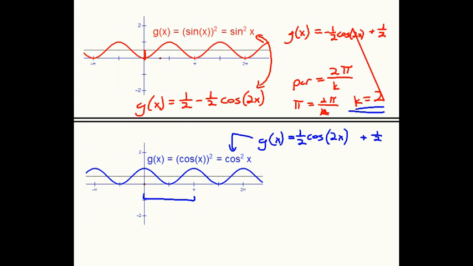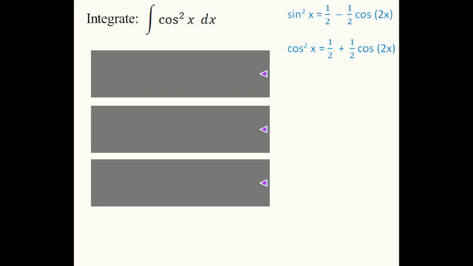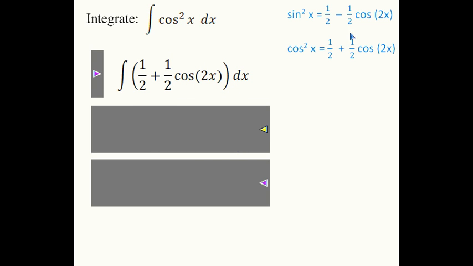And so we can use those two identities to help us integrate even-powered trig functions. So here we want to integrate cosine squared x dx. What we're going to do is make our substitution. Instead of putting cosine squared, we know that cosine squared is 1/2 plus 1/2 cosine of 2x.